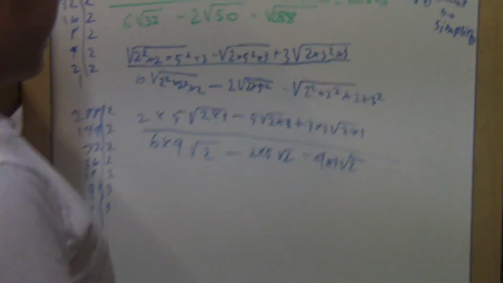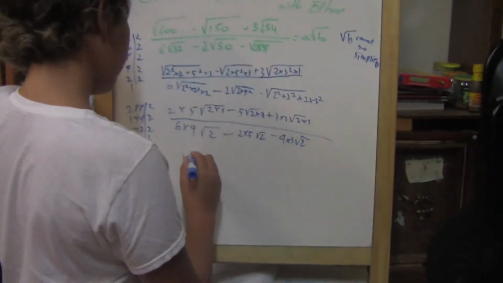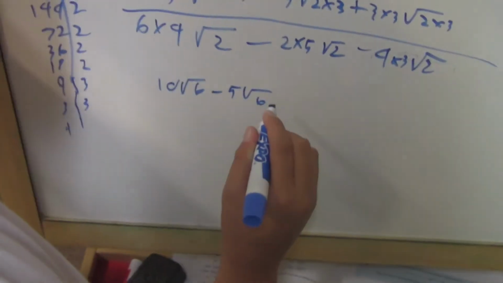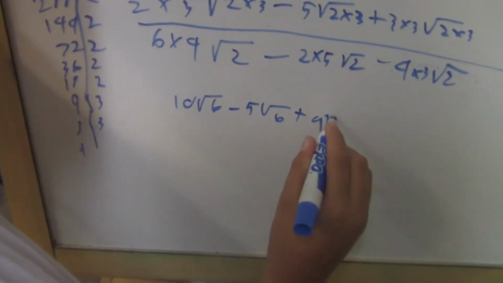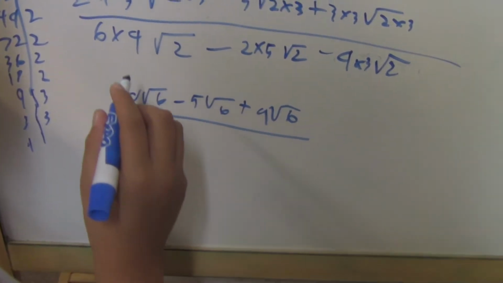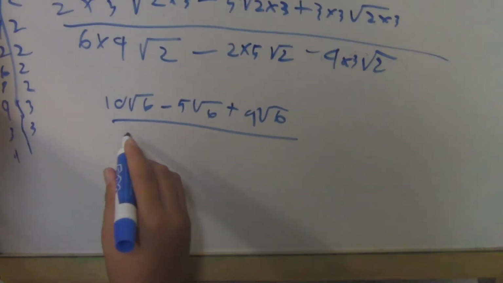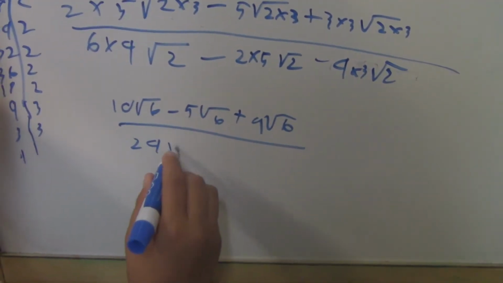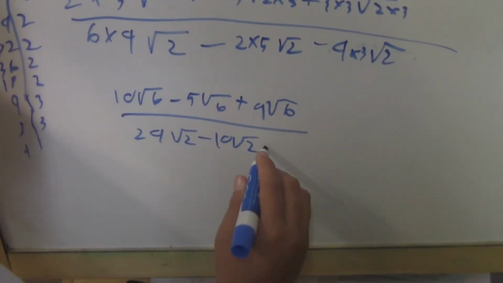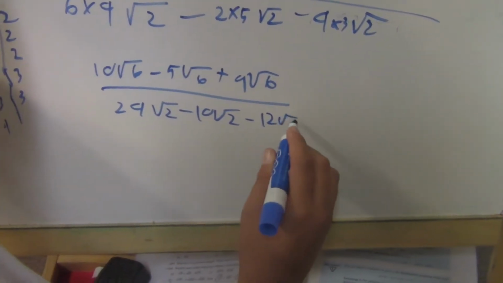Anyways, at this point it's fairly simple. 10 times the square root of 6 minus 5 times the square root of 6 plus 9 times the square root of 6. 6 times 4 equals 24 times the square root of 2 minus 10 times the square root of 2 minus 12 times the square root of 2.